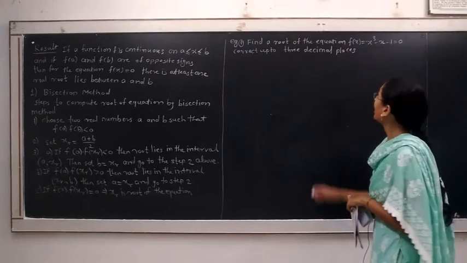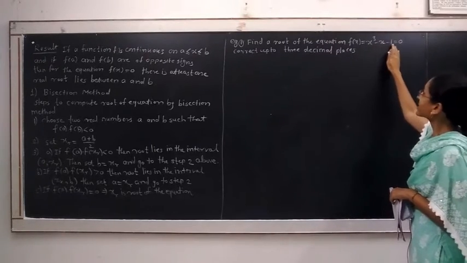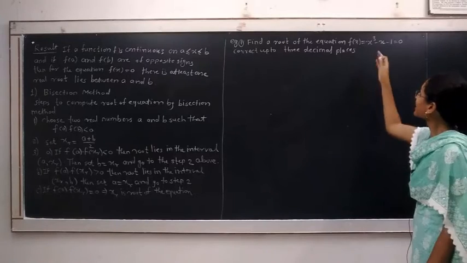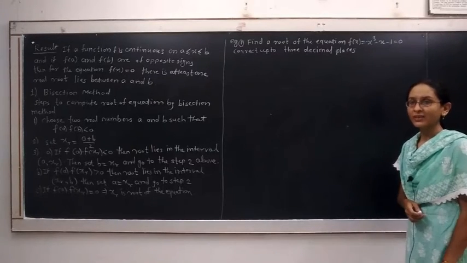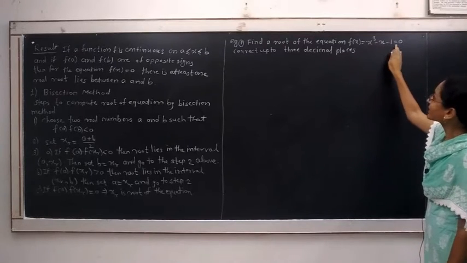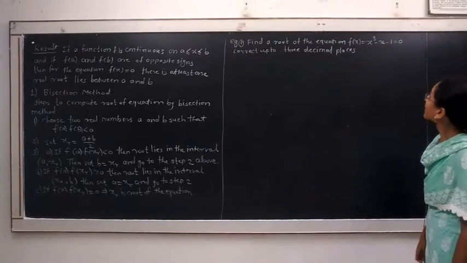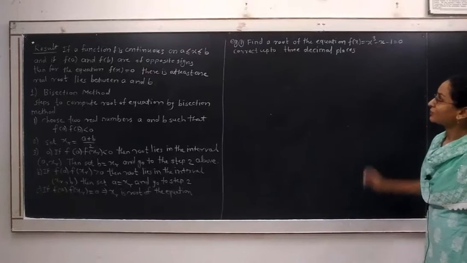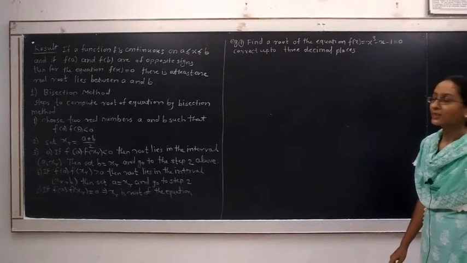We have the function f(x) = x^3 - x - 1. This is a polynomial function, hence we call this an algebraic equation. We have to solve this equation by using the bisection method.